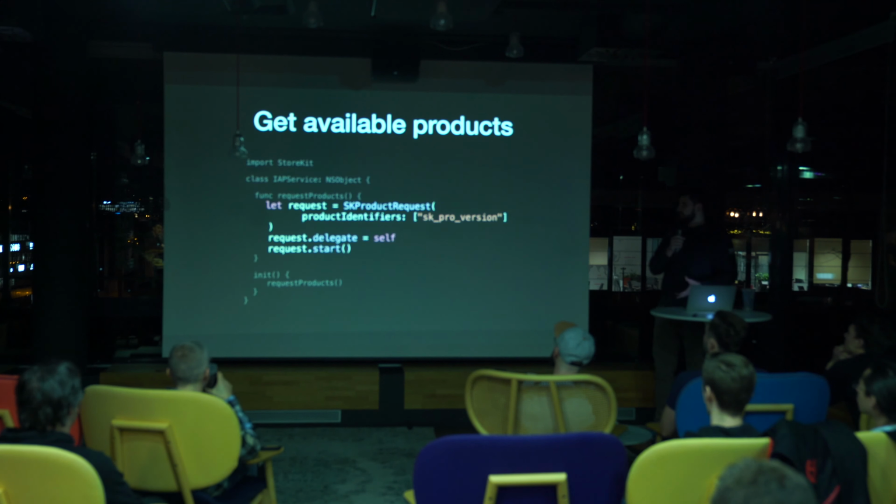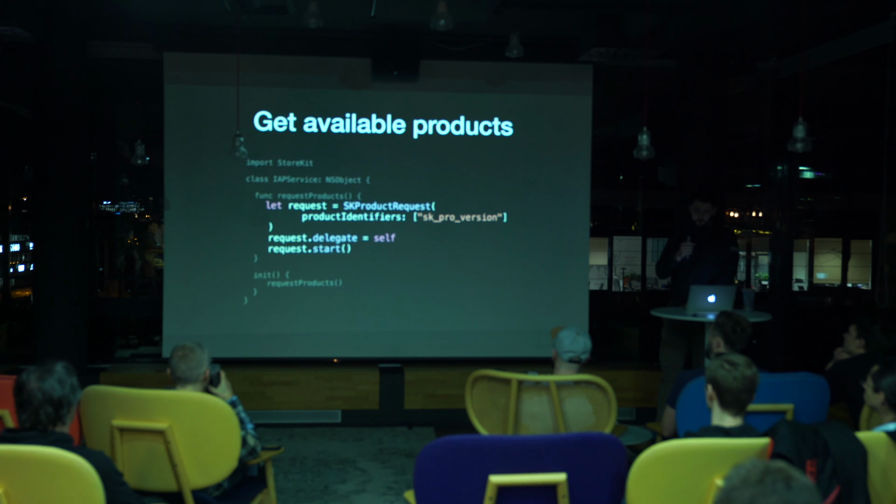Then you can move to code and create your own product request with an array of product identifiers from previous slides. When you don't have your purchases registered on your iTunes Connect with the same app, with the same bundle identifier, you will never get your StoreKit products.